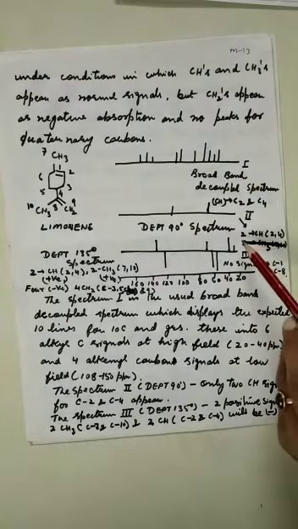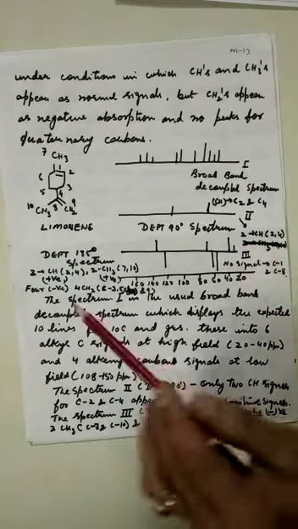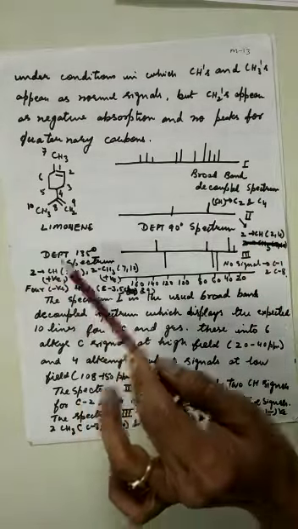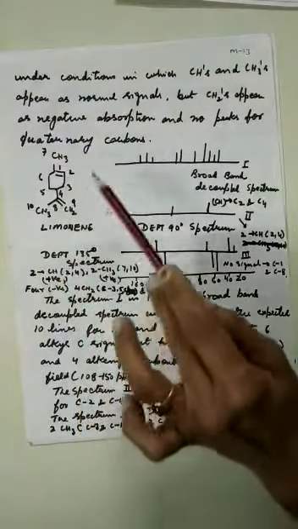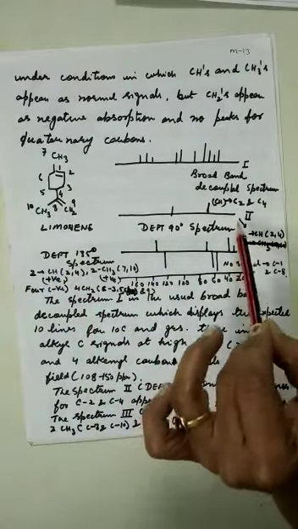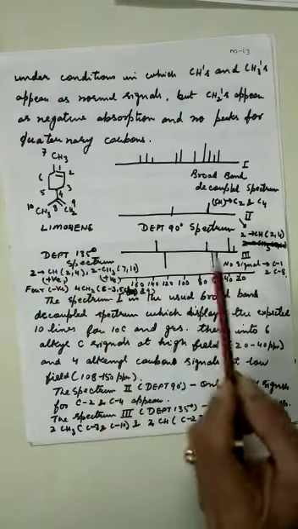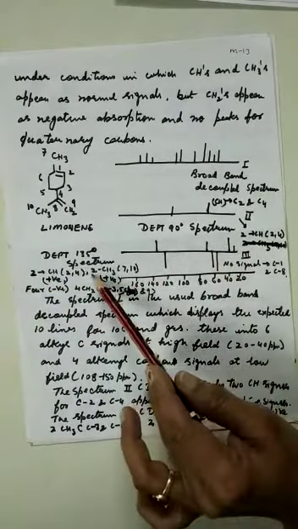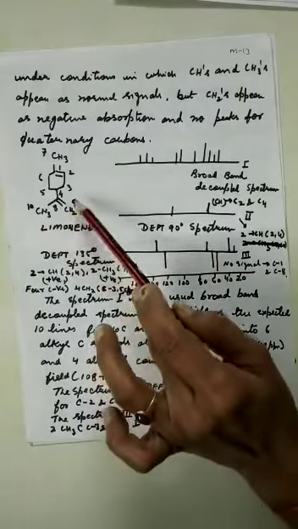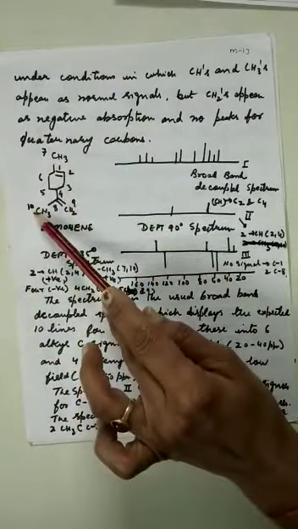So the two CH, C2 and C4, will have a positive signal, and the two CH3, the 7th and 10th.